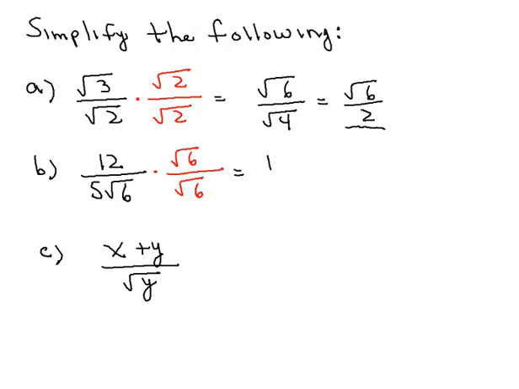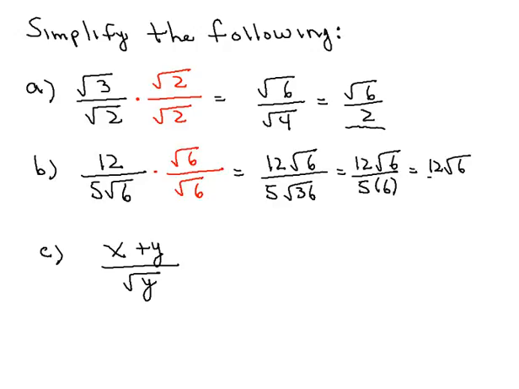So we'll have on the top 12 times the square root of 6, and in the denominator 5 times the square root of 36. So we have 12 times the square root of 6 all over 5 times 6, and 12 times the square root of 6 all over 30.